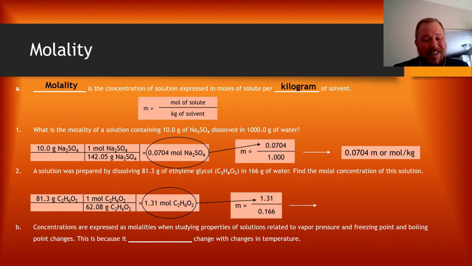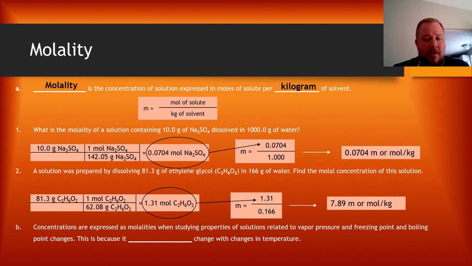Now the bottom part: I had 166 grams of water. If you remember from the equation above, it says kilograms of solvent. So I've got to convert my 166 grams of water to kilograms. So that's where the 0.166 kilograms comes from. I go ahead and solve that out, and it comes out to 7.89 moles per kilogram.